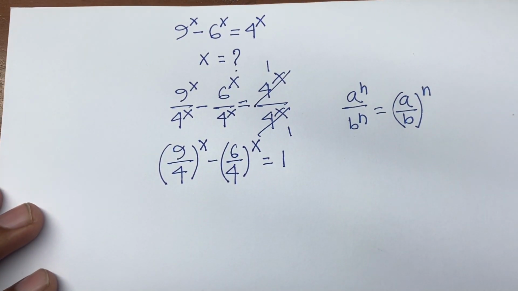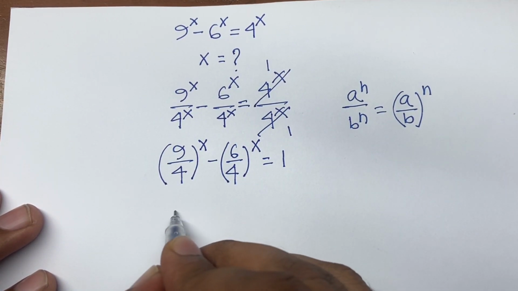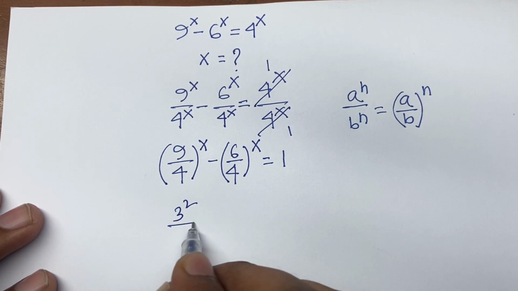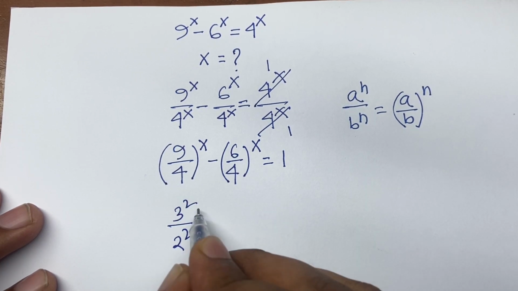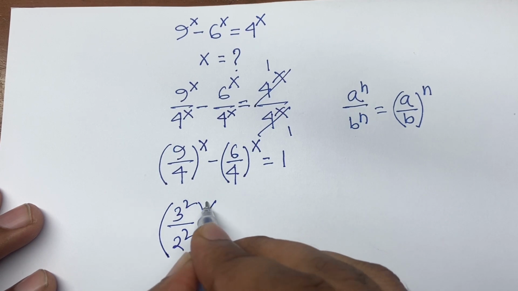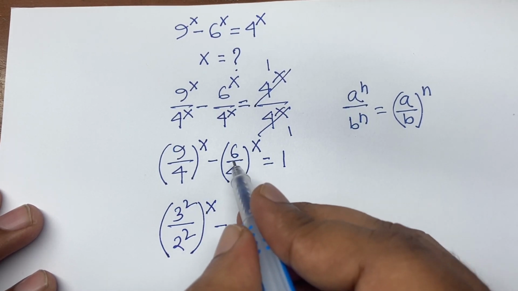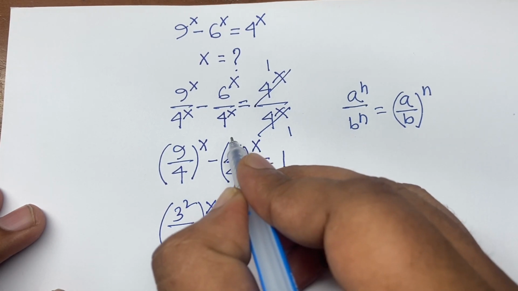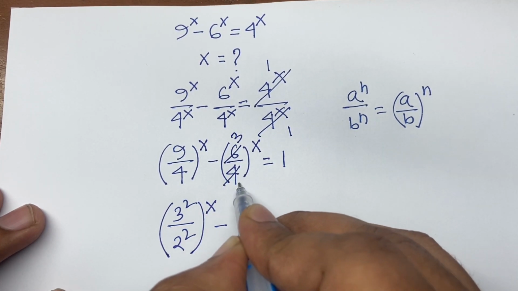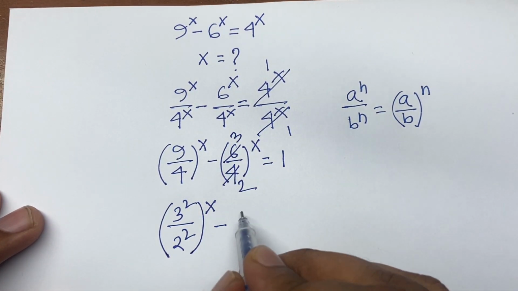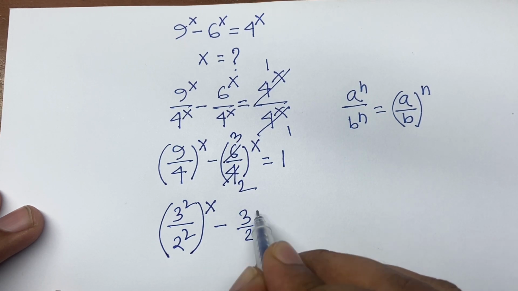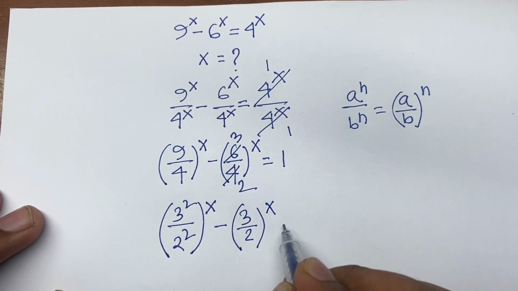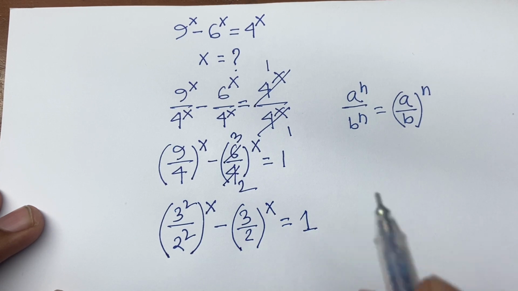Then 9 is 3 squared, 4 is 2 squared, to the power x, minus... When I simplify this by 2, here is 3, this is 2, so I can say (3 over 2)^x is equal to 1.